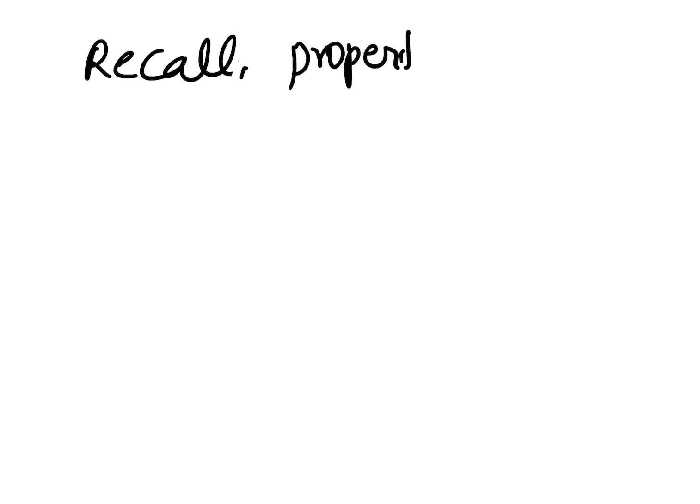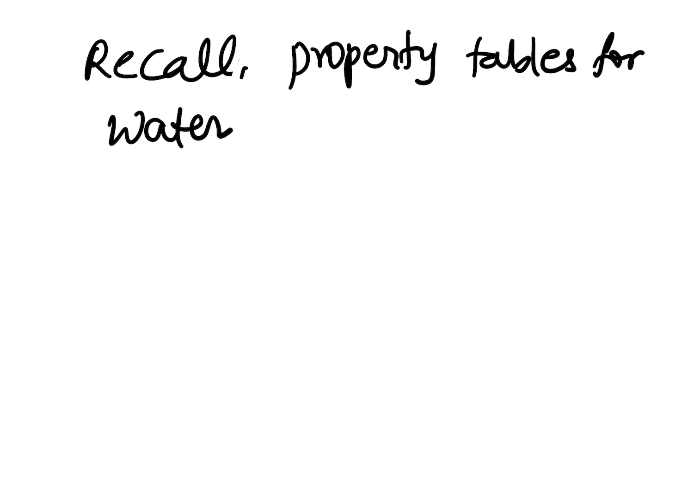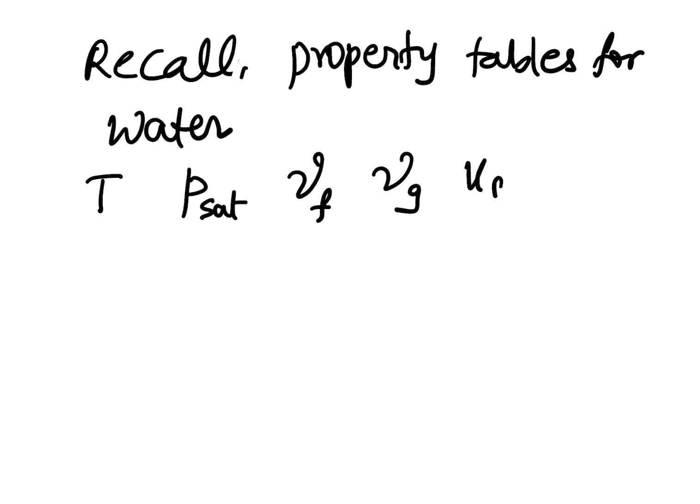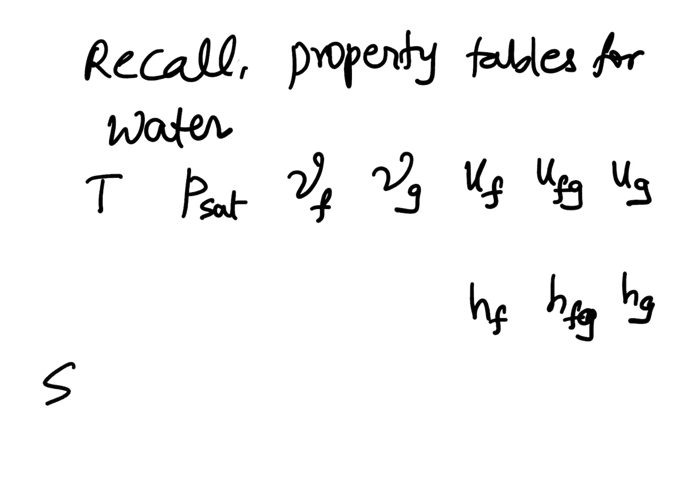Now you may recall that while using property tables for water, we saw the temperature, the saturation pressure, nu f, nu g. We also saw uf, ufg, ug, and we also saw hf, hfg, and hg.